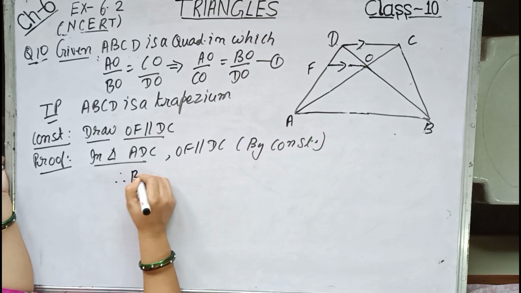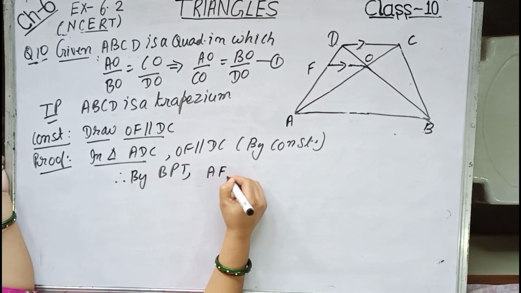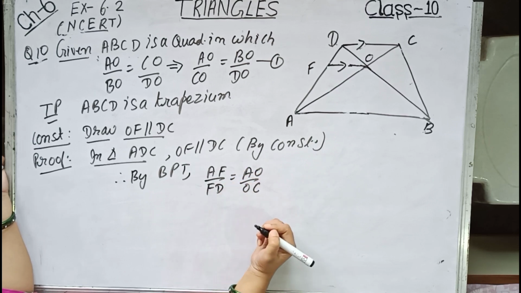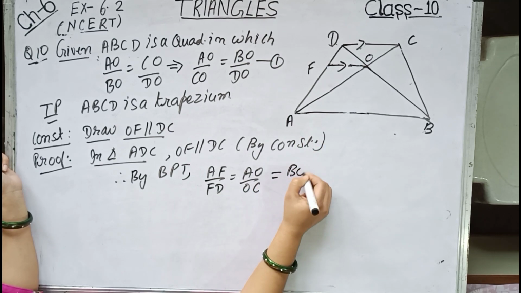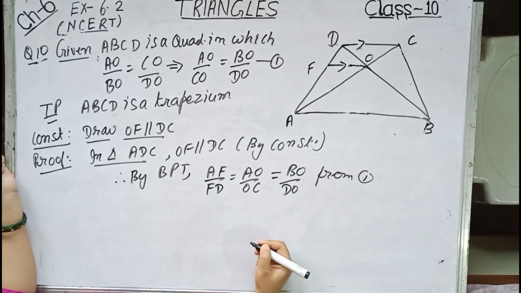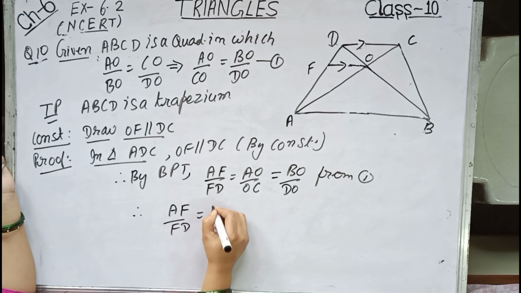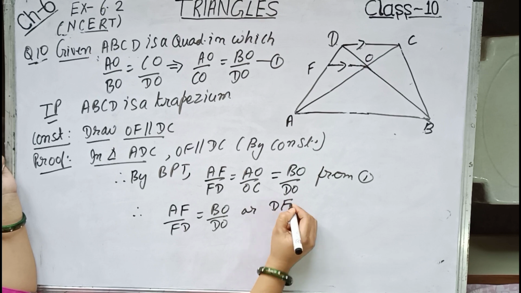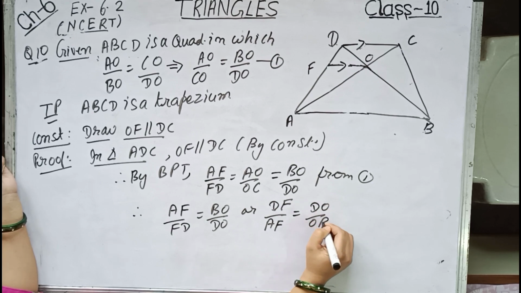Therefore, by BPT, AF by FD equals AO by OC. Now AO by OC equals BO by DO from 1. So therefore AF by FD equals BO by DO, or DF by AF equals DO by OB.